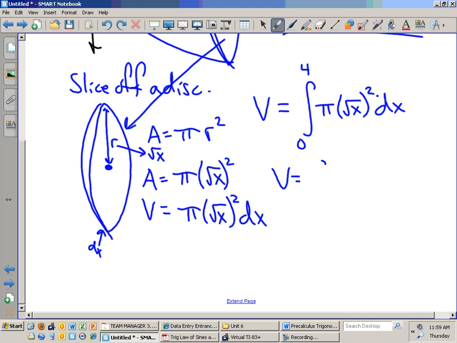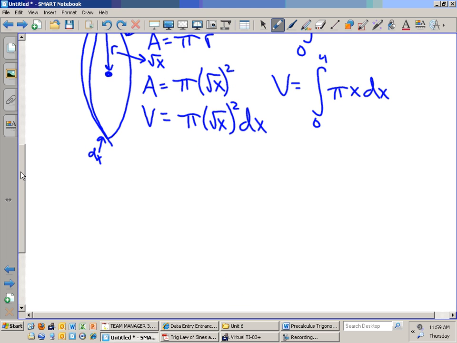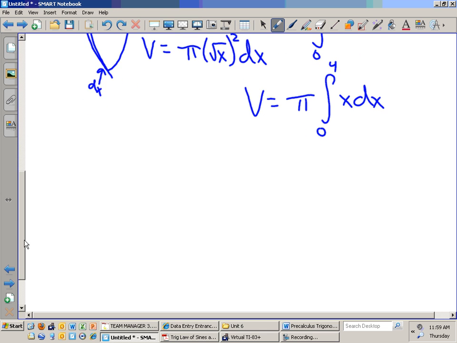So let's integrate it. Volume equals the integral from 0 to 4 of pi x dx. Take the pi out. Volume equals pi times the integral from 0 to 4 of x dx. That's a pretty simple integral to calculate.